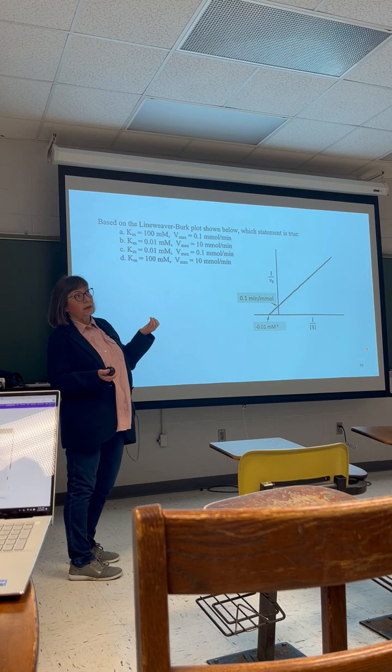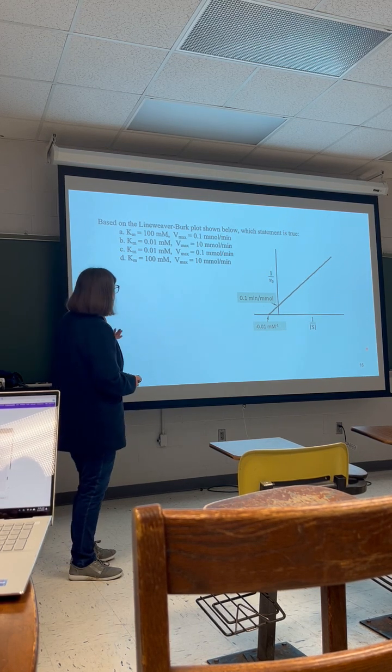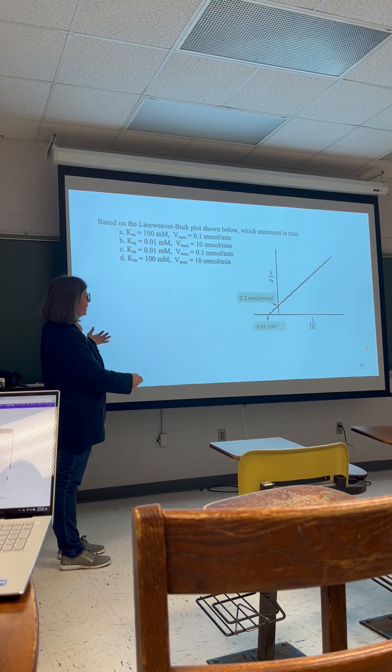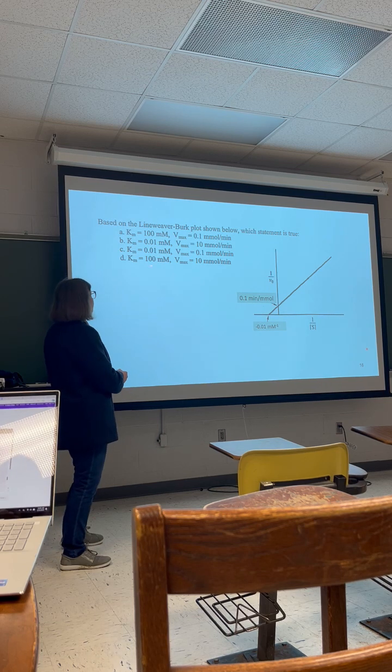Again, no calculators. I know you complain about calculators, but I use very simple numbers that I really think a college student should be able to do in their head. So I'm showing you one Lineweaver-Burk plot, 1 over V0 versus 1 over substrate, and I'm telling you what the values of those intercepts are.